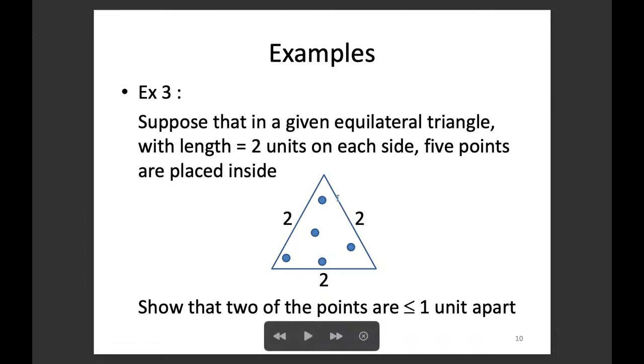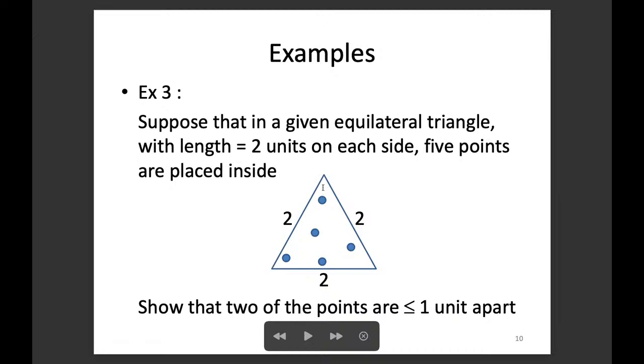Now again, 5 points seems to be needed. If we have just 4 points, there is no guarantee. Because when we have 4 points, we can choose 1 point at each vertex, and 1 in the middle of this equilateral triangle. And in this case, the distance between any 2 points must be greater than 1.